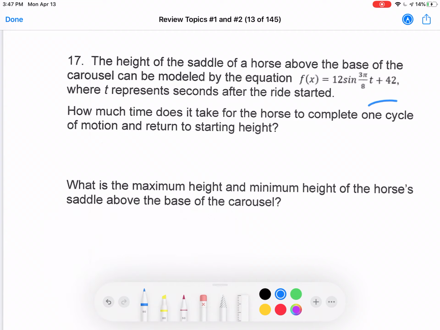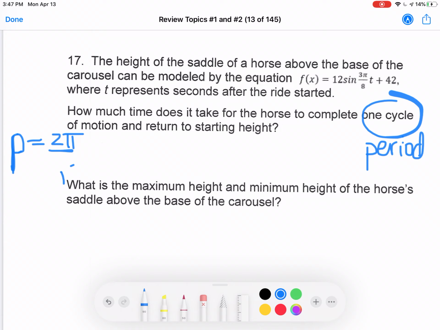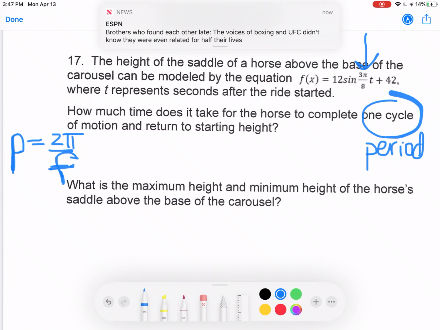Okay, so remember, one cycle, that's my period. And remember period formula? Period is 2 pi over frequency. Okay, oh my God, this is driving me crazy. Okay, frequency is the coefficient of x, or in this particular case, it's t. Yeah, this should probably say t right here, not x.